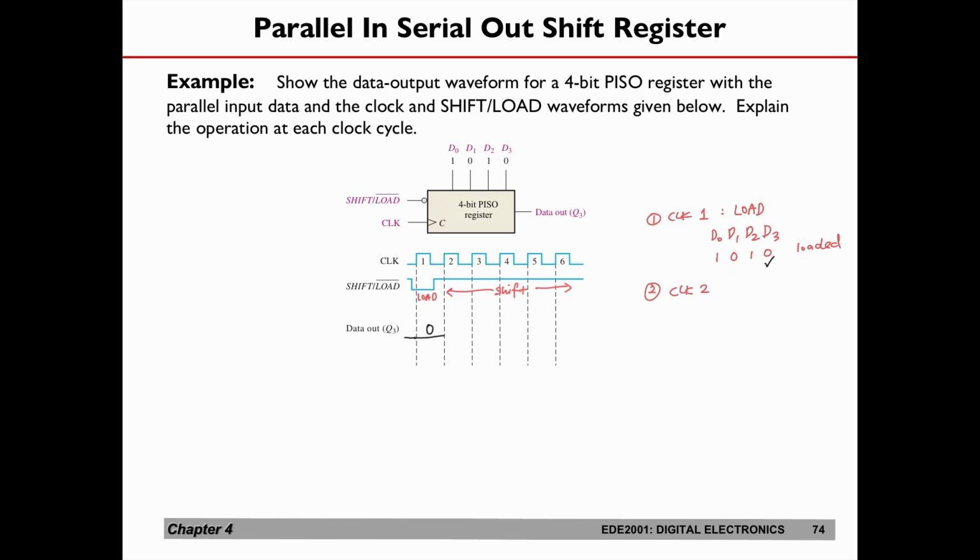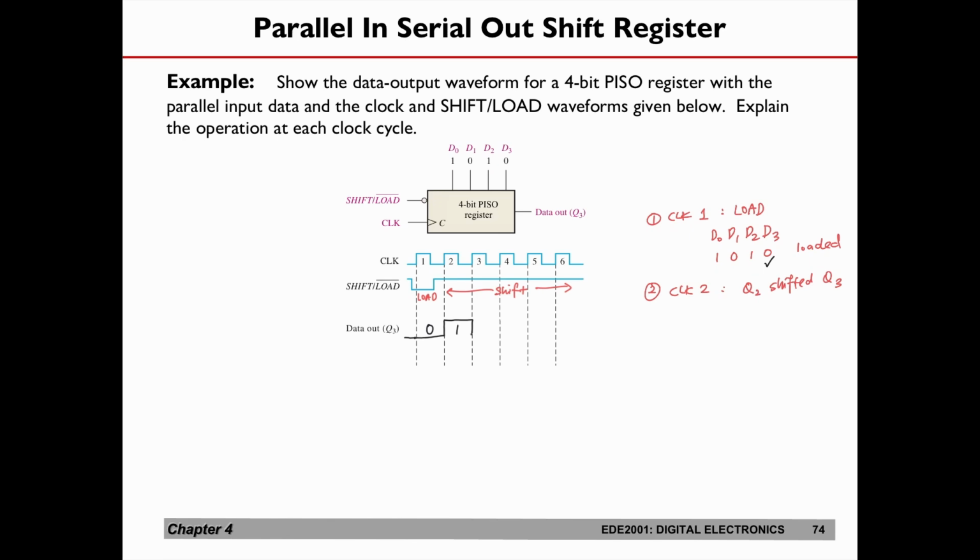Now let's go to clock pulse number 2. We are shifting 1 bit. The output of Q2 is shifted into Q3. So the output of Q3 now becomes 1, as the input to it was a 1 from D2.